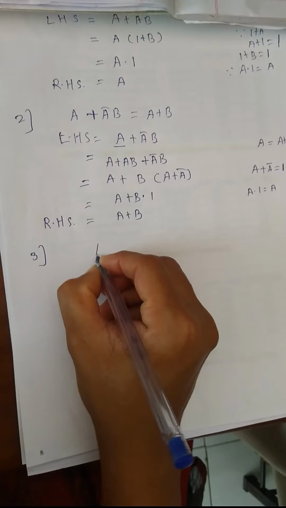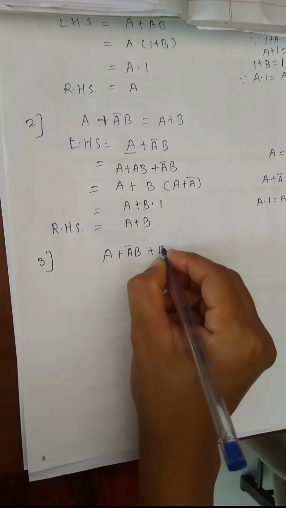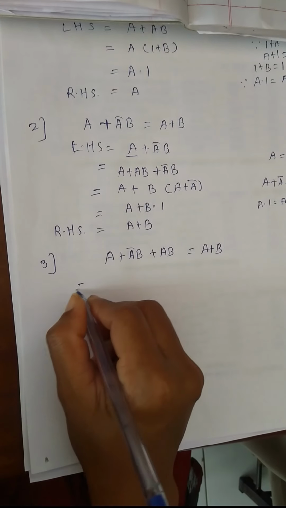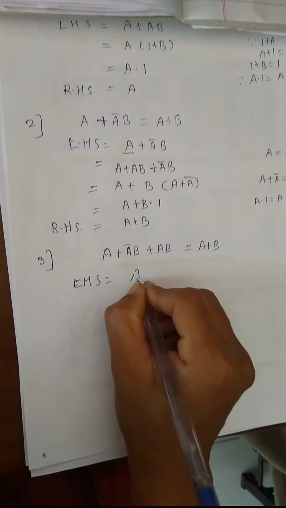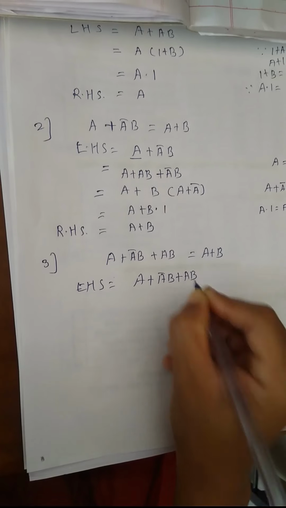Third example: A plus A bar B plus AB is equal to A plus B. In this expression, LHS is A plus A bar B plus AB.